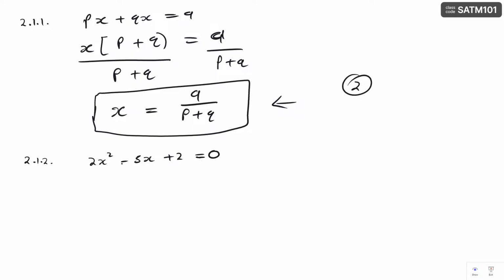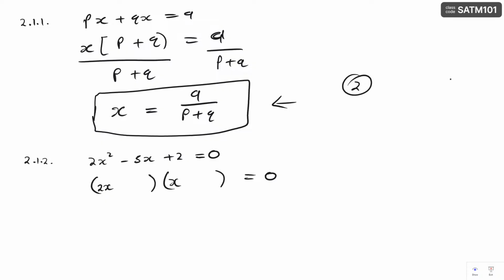So they want the value of x. Since this is a quadratic, you're going to put 2 brackets here, then it's equal to 0. Since here is 2, just put 2x here and x here. If you multiply these, it's going back to 2x squared.